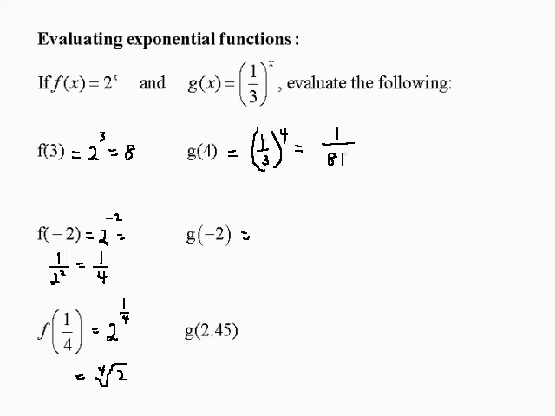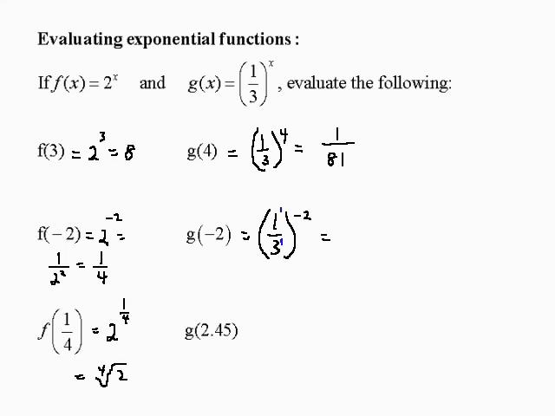G of negative 2 would be 1/3 raised to the negative 2 power. There's that negative exponent here. Now, if we were to take that here using the 4th power rule, or I'm sorry, the 5th power rule, we could put little powers inside here on the 1/3. We could say that's 1 to the 1st over 3 to the 1st.